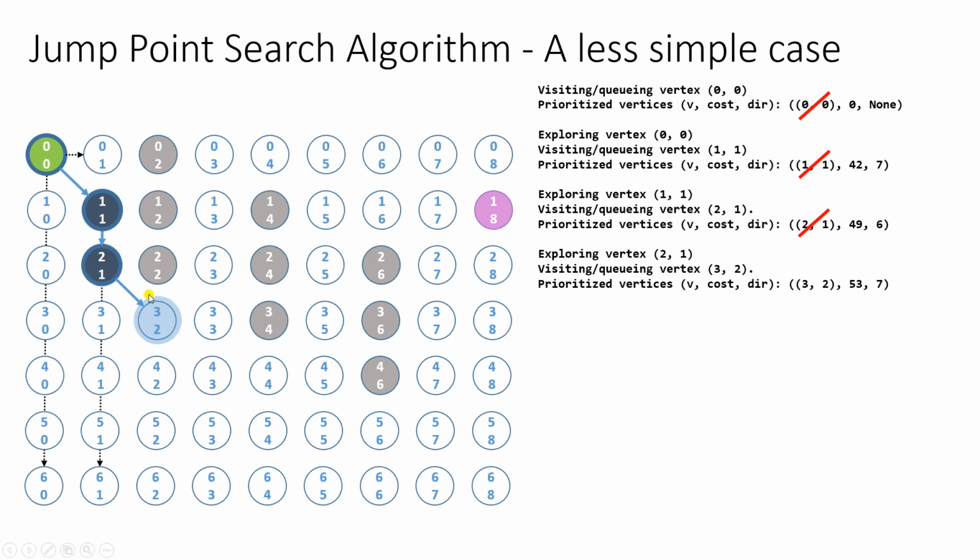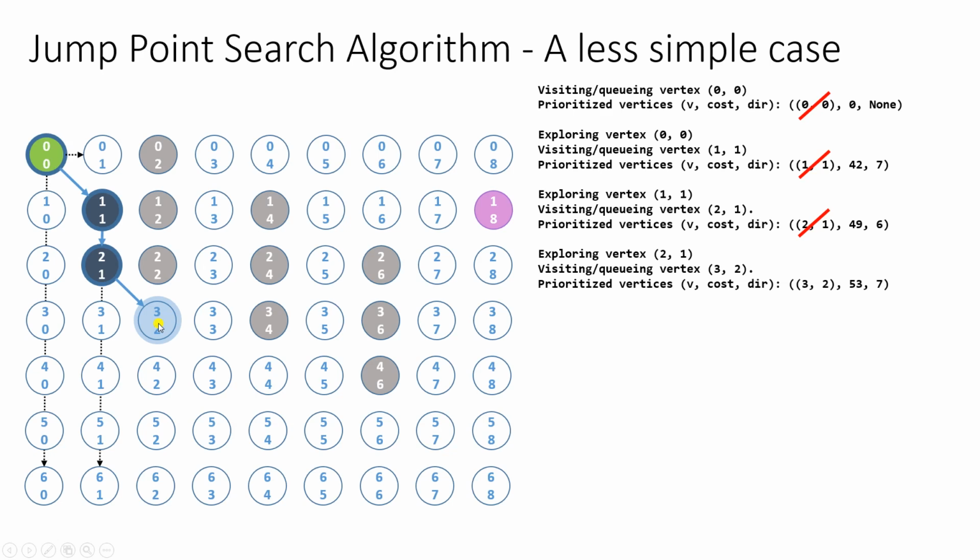And also we've noticed there is an obstacle next to vertex 2, 1, and that meant we have to make a turn and check if there is something interesting. There was vertex 3, 2, and we are putting it into the priority queue, and we will explore it in the next iteration of the algorithm.